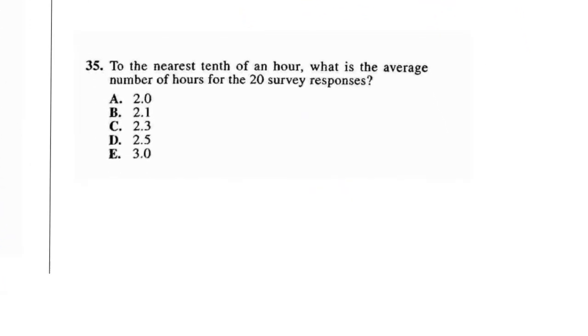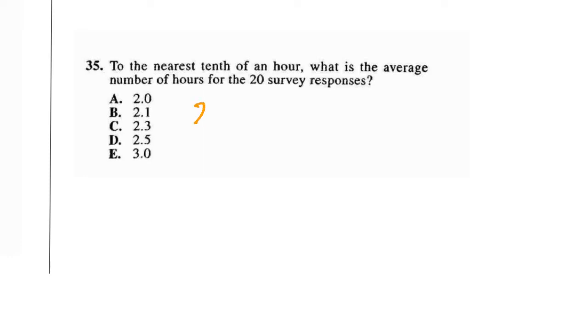35, to the nearest tenth of an hour, what is the average number of hours for the 20 survey responses? So we're going to have to find an average. So let's count up how many total hours we would have studied. So we had 2 to study 0.